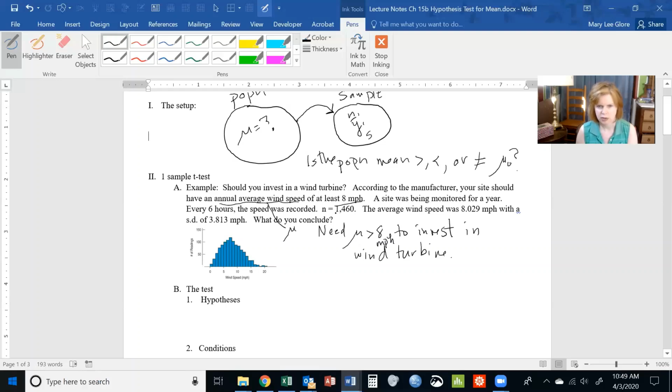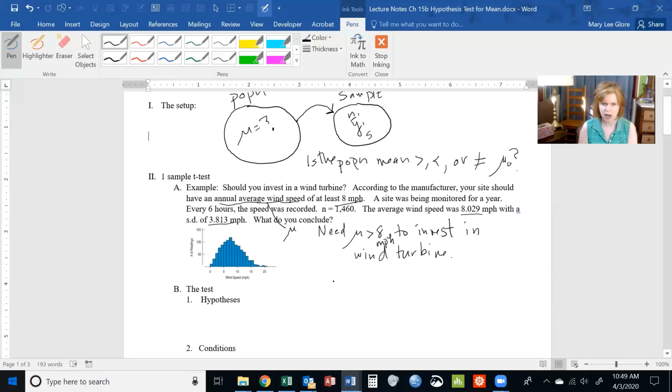They came up with 1,460 measurements, and on average it was a little bit over 8 miles per hour, with a standard deviation of 3.813. So we want to know, is this high enough? Is 8.029 high enough above 8 that I feel pretty sure that it's at least 8? And that is when we do a hypothesis test.